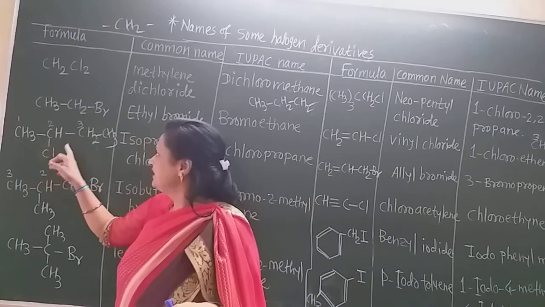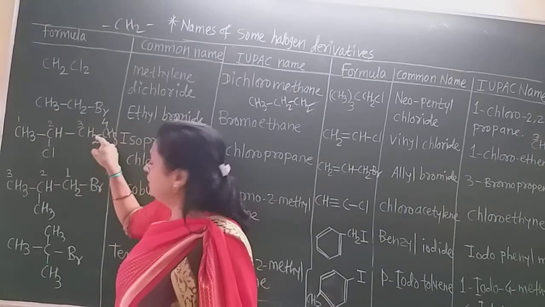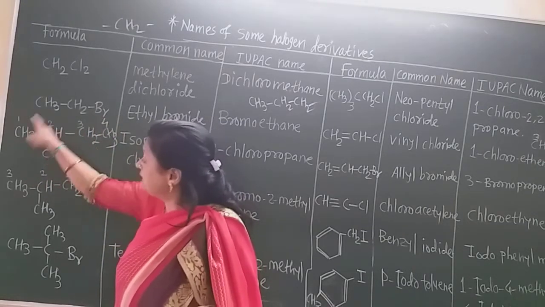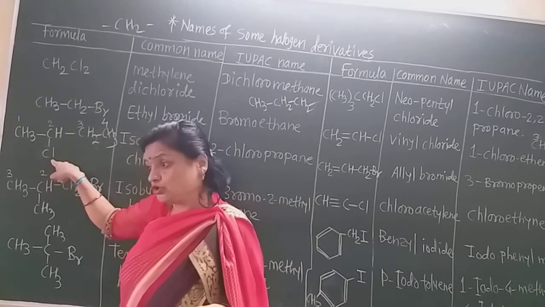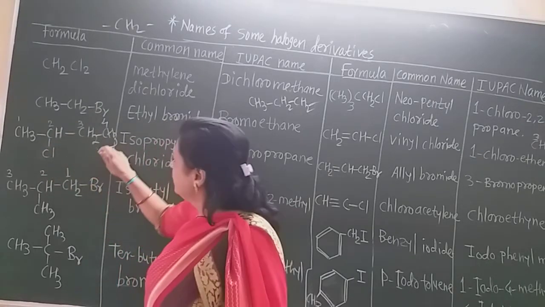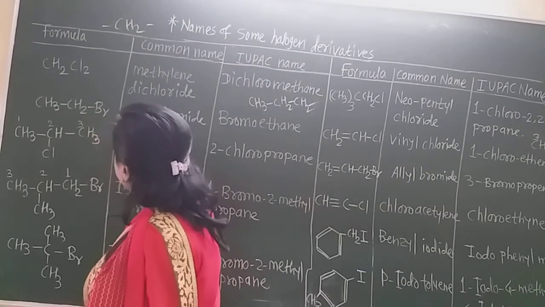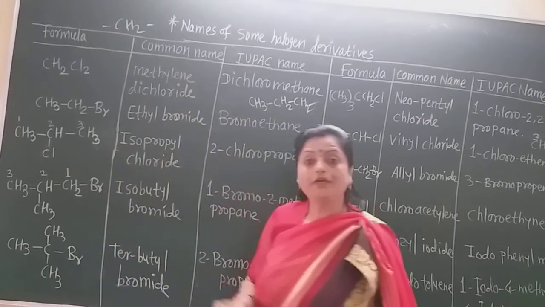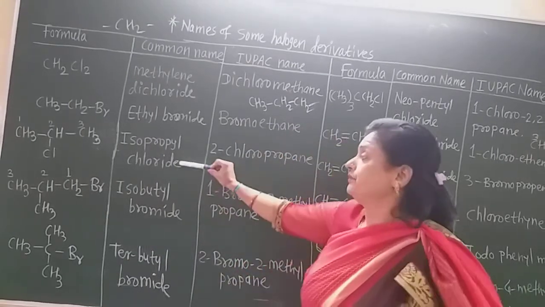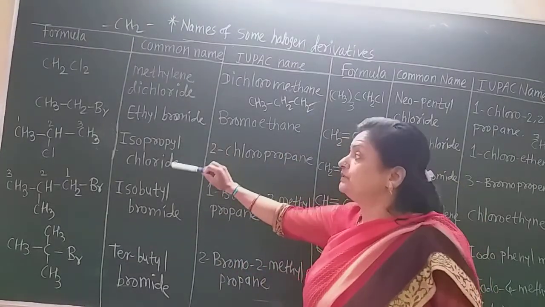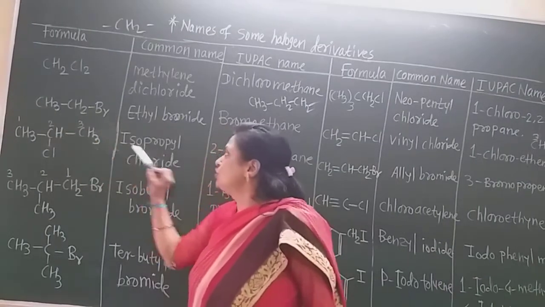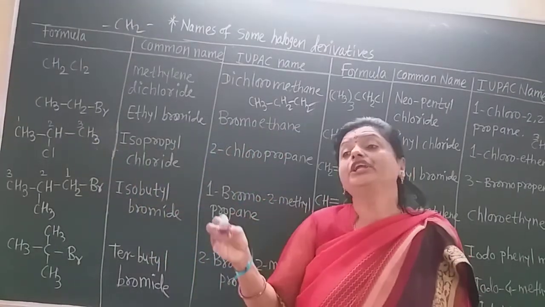That means here 1, 2, 3, 4. If we write 1, 2, 3 and the halogen is on position 3, that is not correct, but this is correct. So the common name of this alkyl halide is isopropyl chloride or secondary propyl chloride.